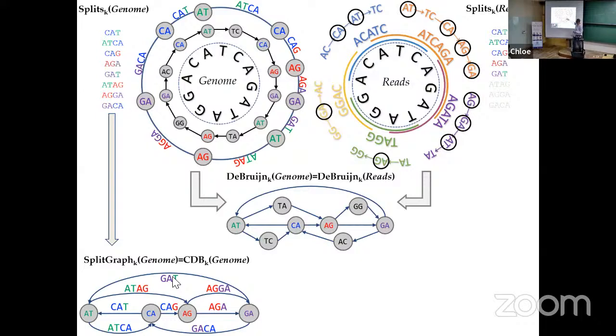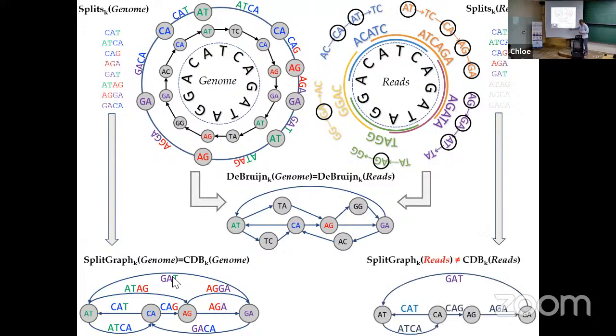As a result, there is no read from here to here. Okay? Fortunately, there is a read from here to here, from here to here. So there are these splits, but we lost 3 splits. Right? Because the distances between junctions are large, reads are short, they don't cover all the space. As a result, our split graph looks like this. It misses some edges. And it doesn't adequately represent the diagram. Here's the major problem.